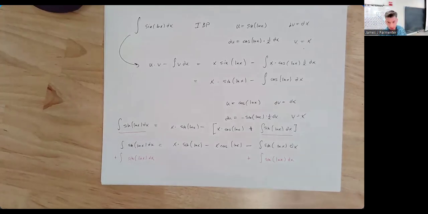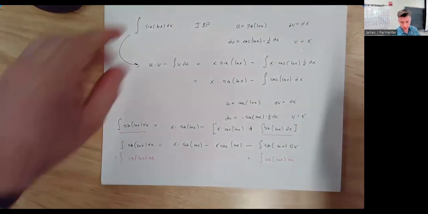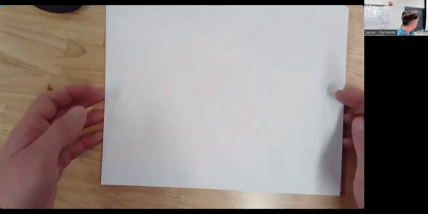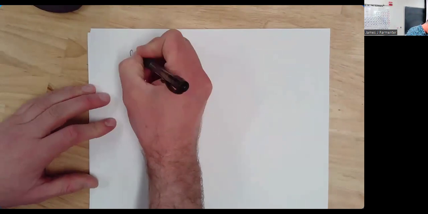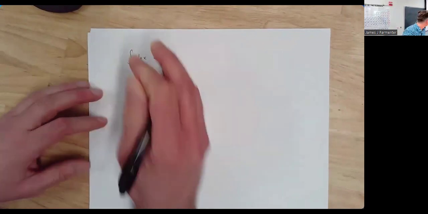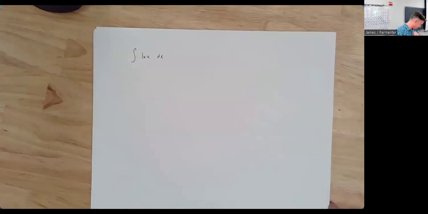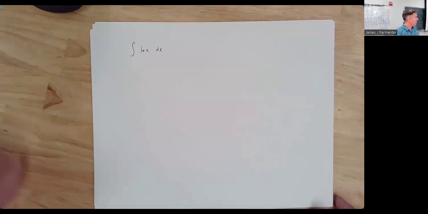All right. So, okay, one more integration by parts thing, and then we will move to talking about partial fractions. So, one more integral that's kind of special is the integral of the natural log of x. Similar-ish to the problem we just looked at, this does require integration by parts.